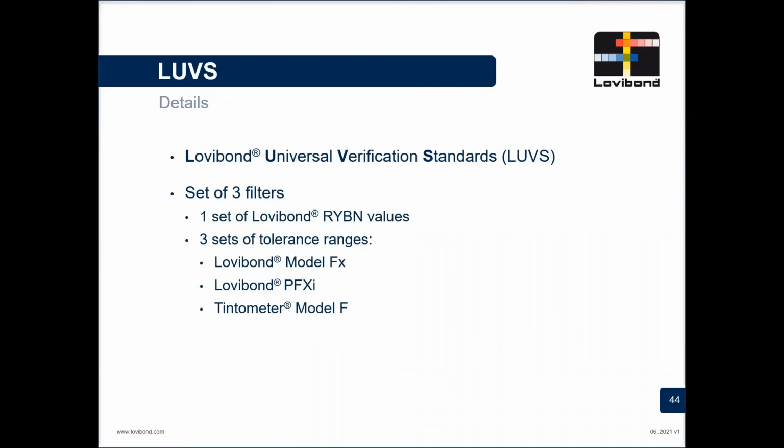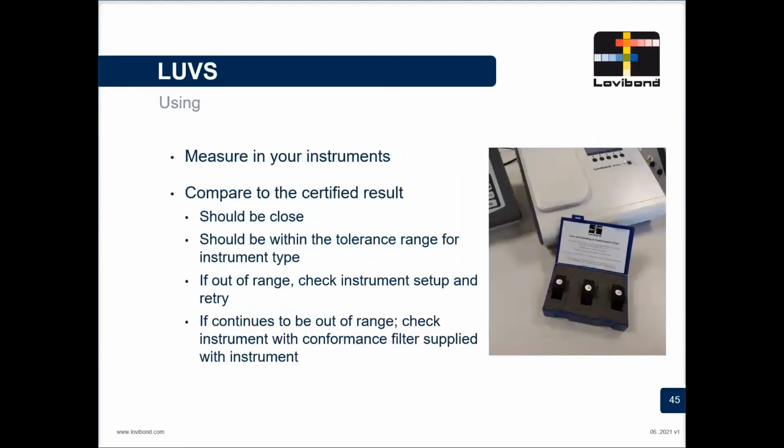But you can put that filter in your instrument, take a measurement, and look to see if your measurement on that particular type of instrument is within the tolerance range quoted on the certificate. If it is, we can be pretty confident that our instrument is functioning correctly. If it's out of range, we might need to go back, check the instrument setup and retry.